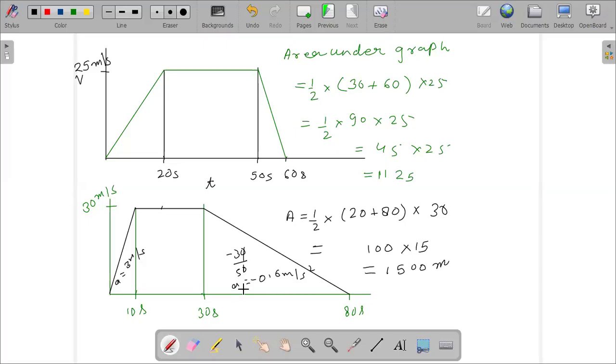Now you can find the distance traveled in each of the portions, right? Okay, so see this. Yes, sir.